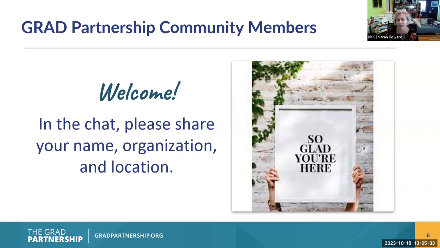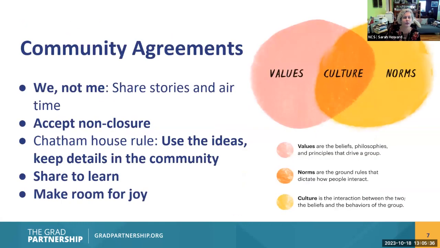So coming together as a community, we want to have some agreements about how we engage with each other. The first one is We Not Me. The idea is that we want to hear from as many of these multiple perspectives as we can, so we make our interventions short so that we can hear what our colleagues have to say as well. We are not going to resolve the problems in the education world in this 1 hour, so we accept non-closure.